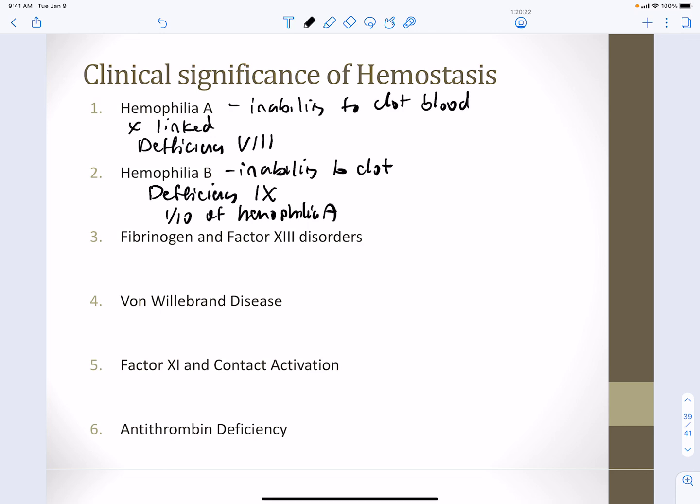And there are a lot of different variations of this. Fibrinogen and factor 13 disorders lead to cardiovascular risk. They also have elevated plasma fibrinogen levels. And so you have hyperproteinemia, hyperglycerinemia, etc. They can have inherited disorders where you have a lack of fibrinogen.